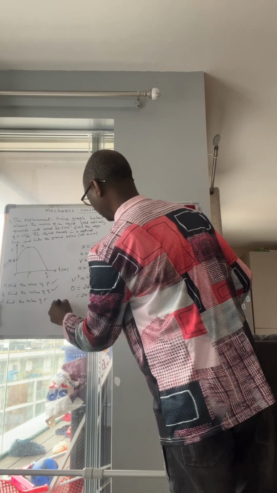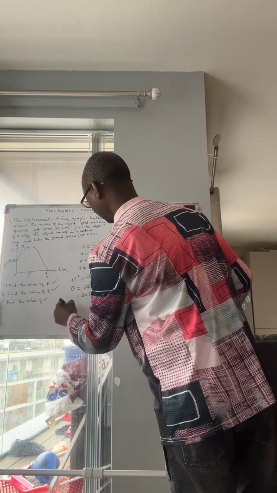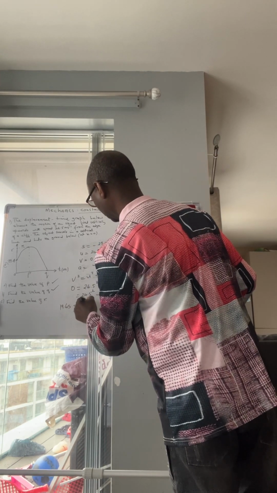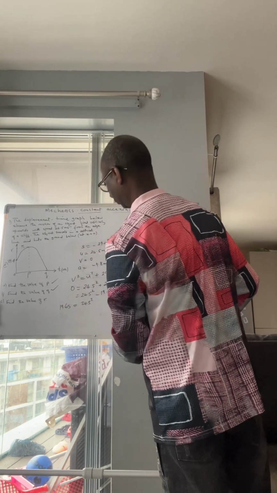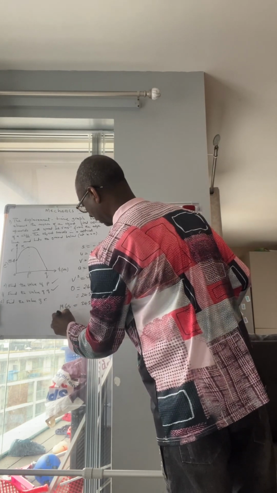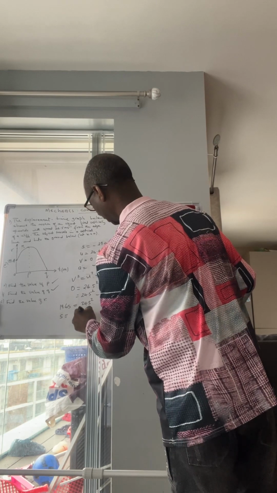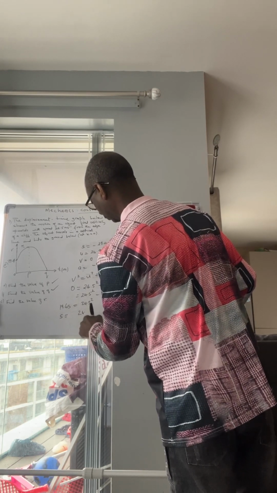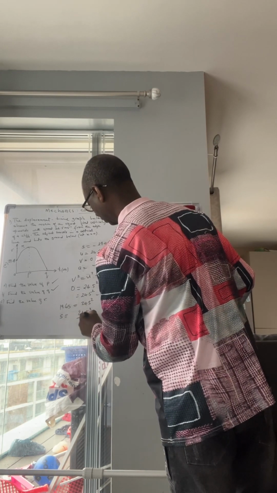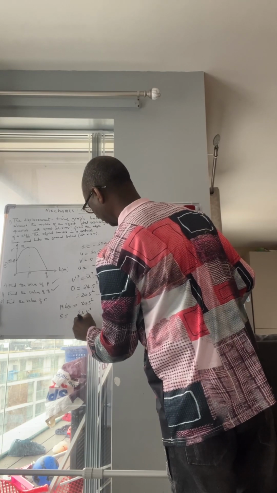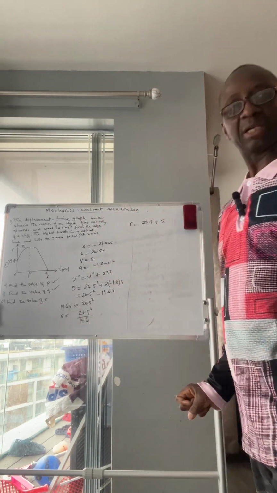So it's going to be 19.6 S equals 24.5 squared. So S therefore is equal to 24.5 squared all over 19.6.